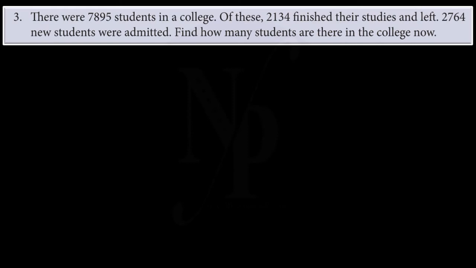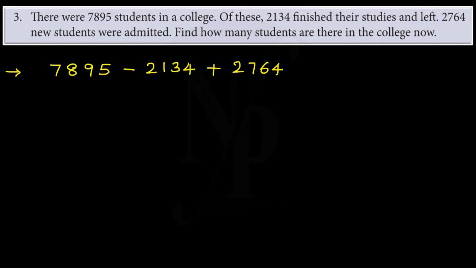So the required mathematical statement of this word problem is (7,895) minus 2,134 plus 2,764. So we need to solve this to get the required answer of this question.